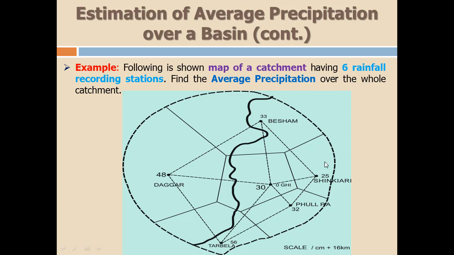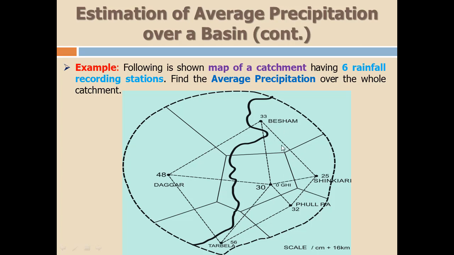In this example, we are given the already prepared map. The area is drawn to scale, the stations are marked, the stations are connected by straight lines, and then the bisectors of all lines are drawn, and we get this completed map in which each station is enclosed by a polygon like this.